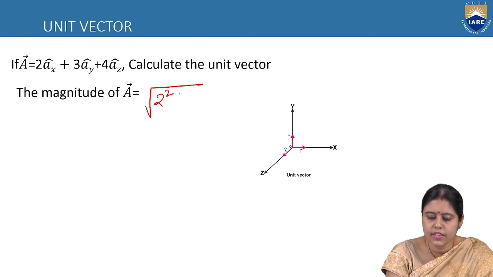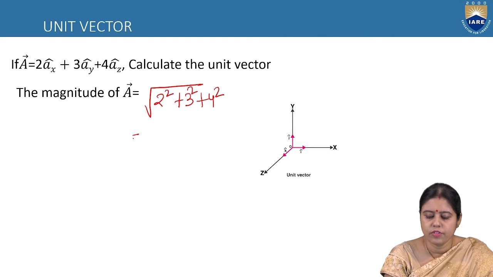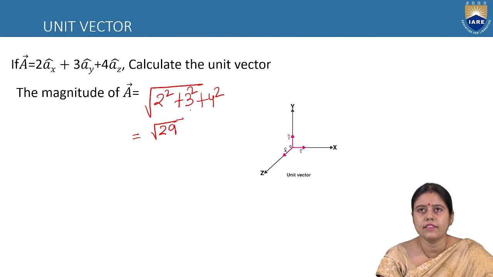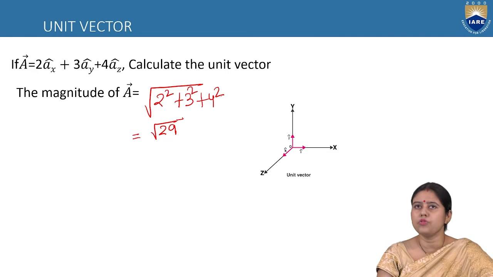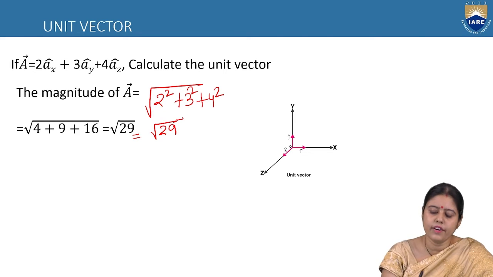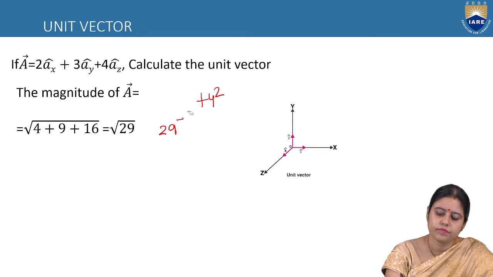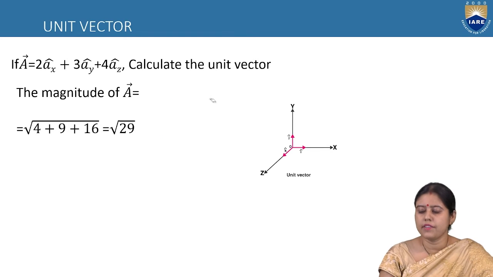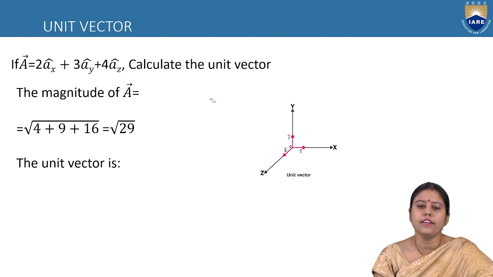Root of 2 squared plus 3 squared plus 4 squared. 4 plus 9 is 13, plus 16 is 29. So it is root 29.